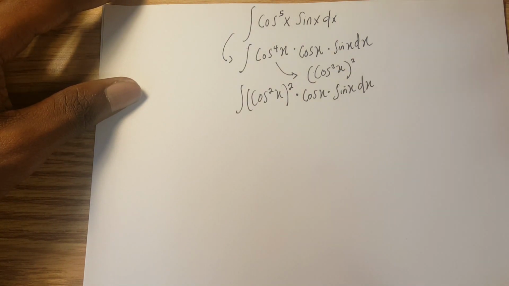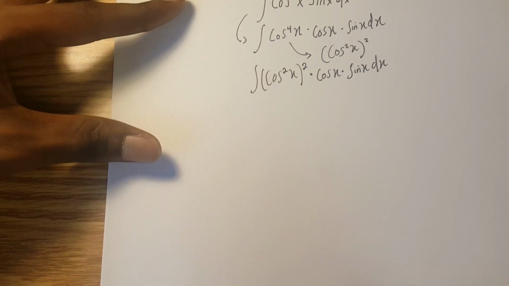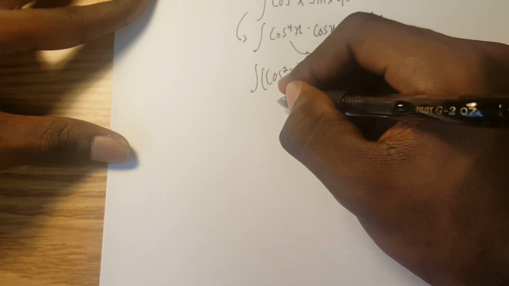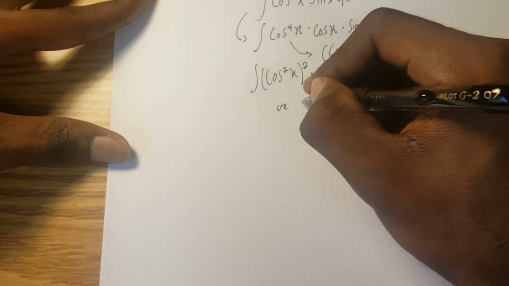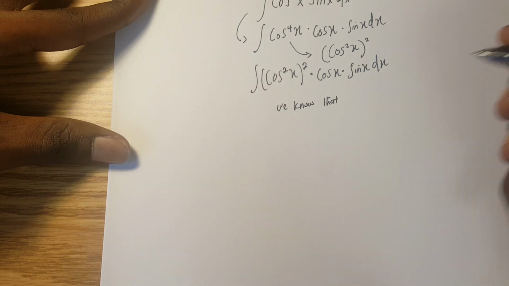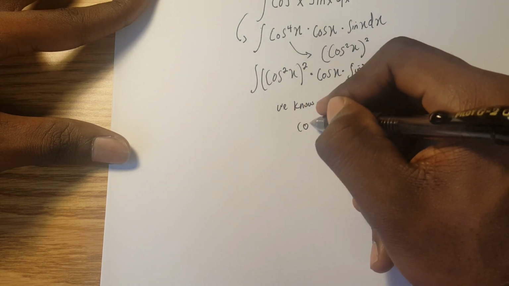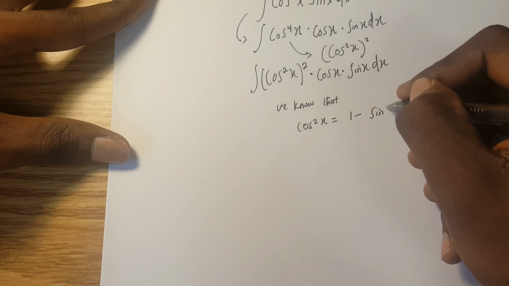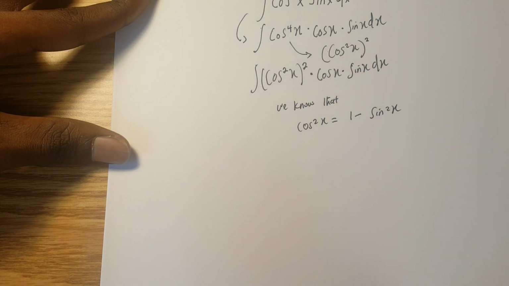Now, if you remember in our previous video, we have this trigonometric identity where cosine squared x is equal to 1 minus sine squared x.